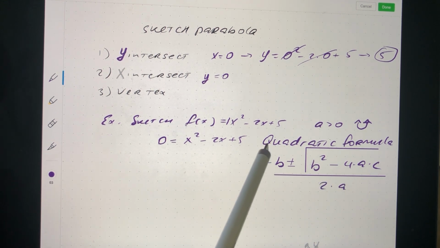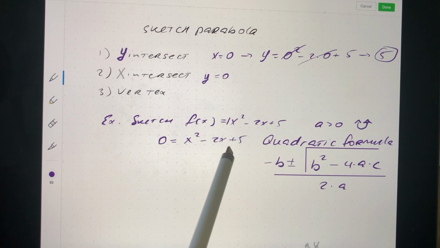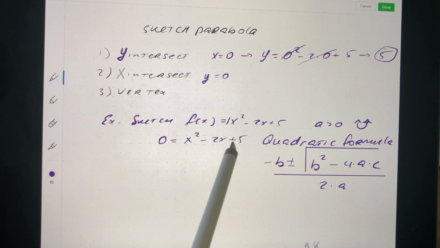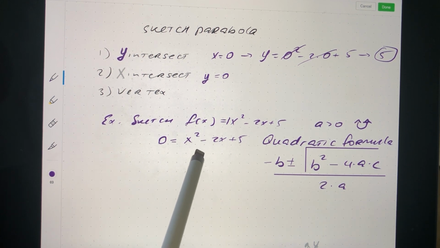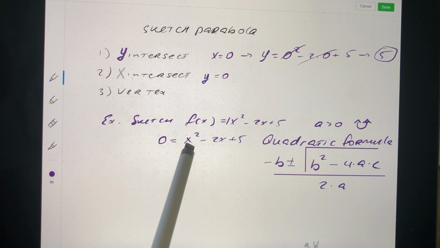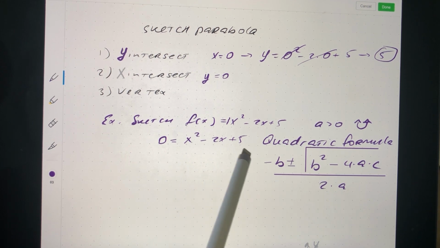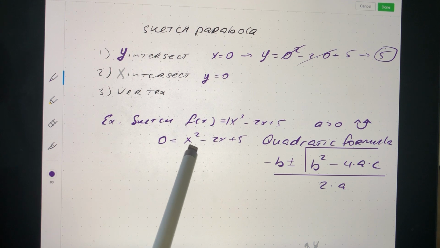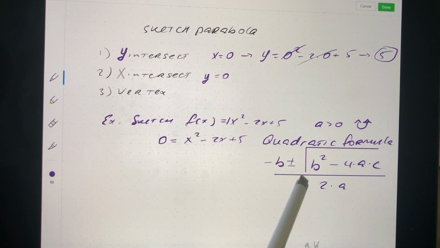We could also solve this equation by other means, such as factoring or completing the square. But if we don't immediately see what the solution is, and it happens to be a quadratic, then the quadratic formula will always find the solution. If they are whole numbers, positive, negative, fractions, decimals, even imaginary numbers, this will get it.